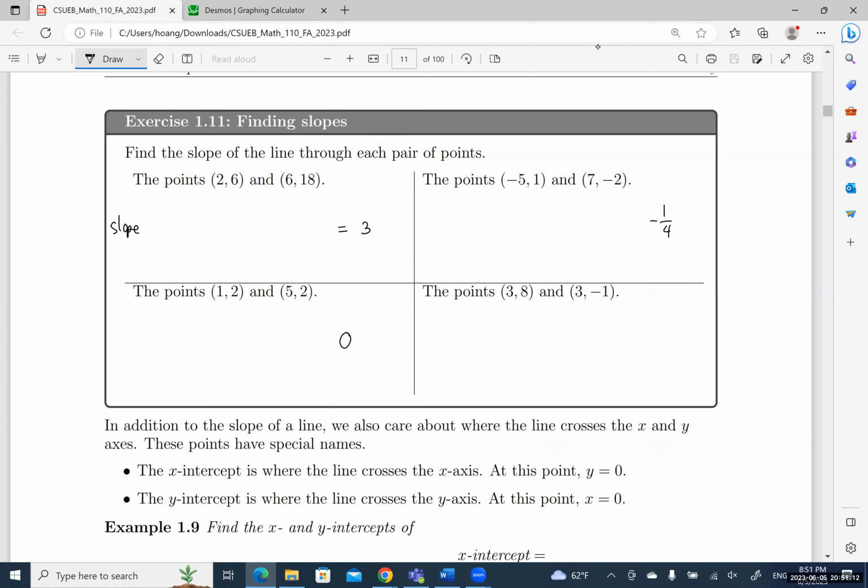This one is undefined. For the one that has slope equal to zero, you will have a horizontal line.